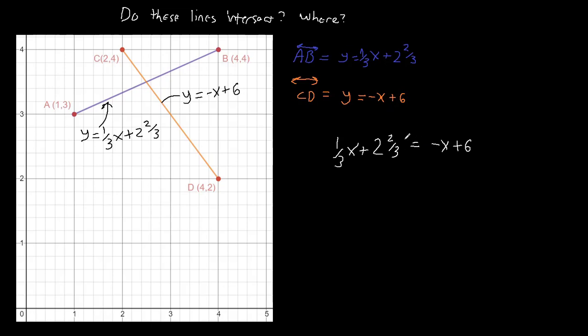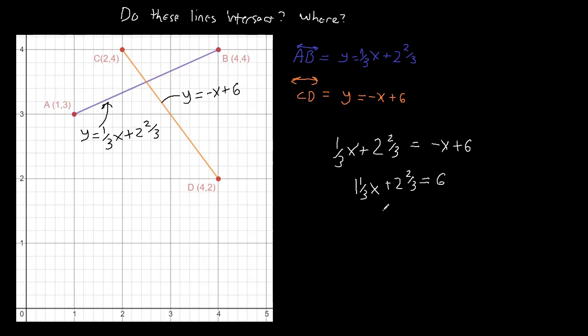What I like to do is group like terms together. So I'm going to add an x to this side. That's going to be 1 1/3 x plus 2 2/3 is equal to 6. Then I'm going to subtract 2 2/3 from both sides. Again, this is just basic algebraic manipulation.